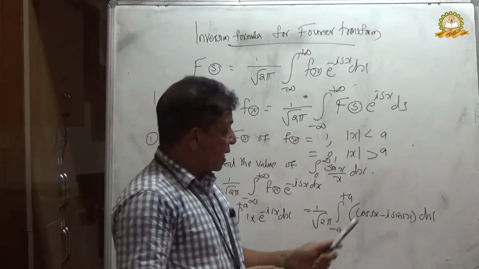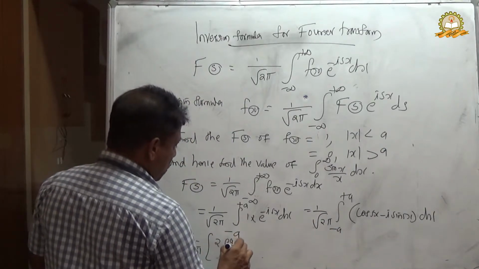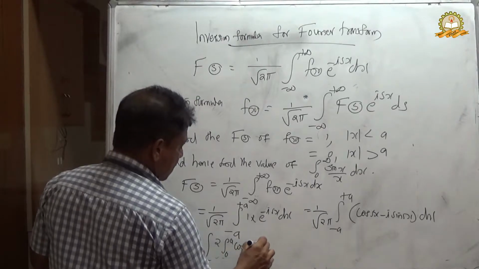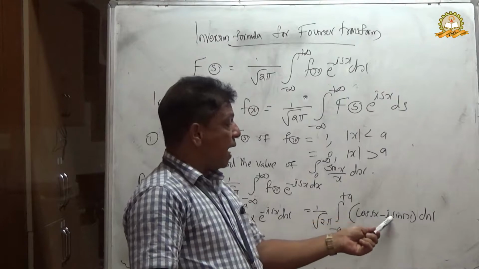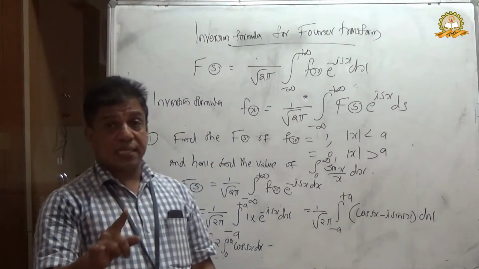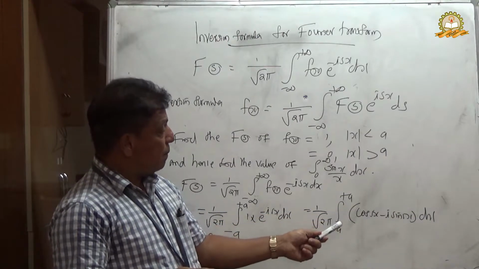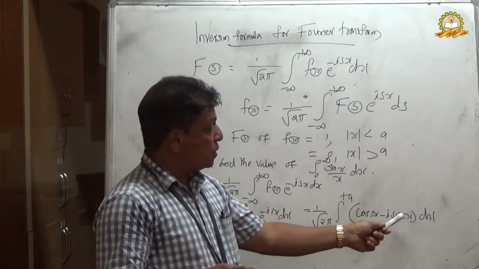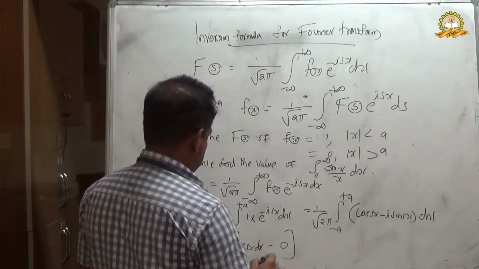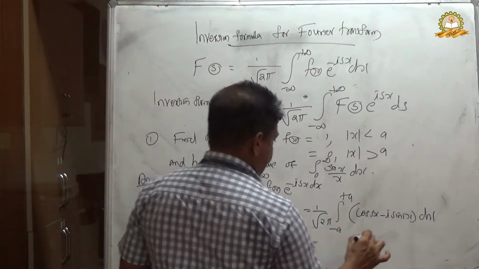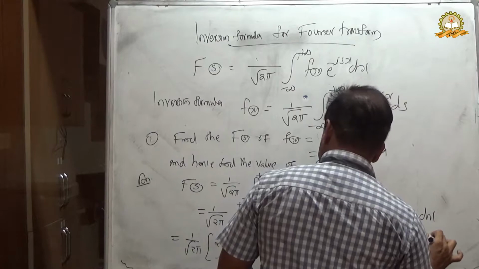Since cos is an even function, by the property of definite integral, we can write this as 2 times 0 to a cos sx dx, minus, second case, minus a to plus a i into sin sx. Sin sx is an odd function. By the property of definite integral, minus a to a i into sin sx will be 0. Yesterday we already explained this. Therefore, the answer will be root of 2 by pi.